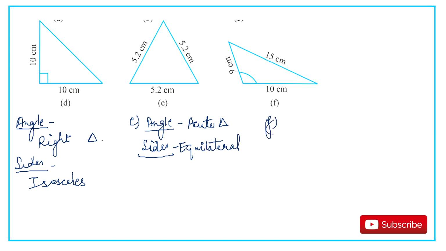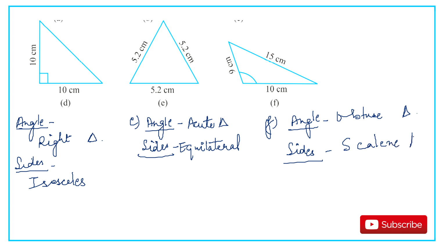Coming to the F part, on the basis of angle it is an obtuse angle triangle, and on the basis of sides it is a scalene triangle. I hope all of you have written these answers in your notebooks.